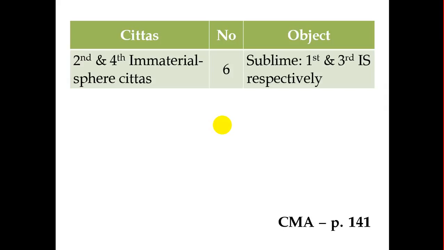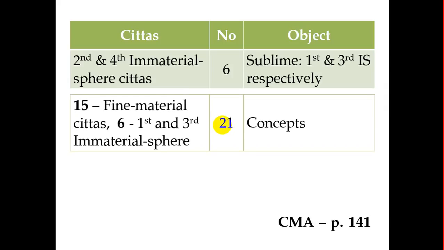Mind created. So I think when we go to the next level, but here, the first immaterial jhana takes a concept, right? The first immaterial jhana takes the concept of space, and the third immaterial jhana takes the concept of nothingness.